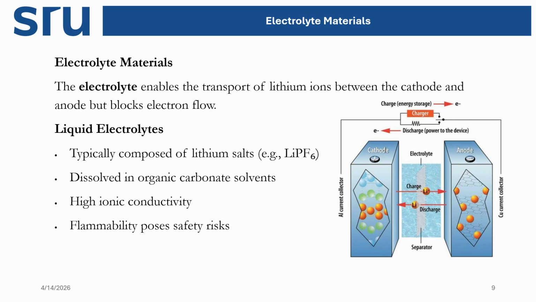Now, we have discussed the cathode material and the anode material. Now we are discussing the electrolyte, the material used in between, which is responsible for the movement of ions.